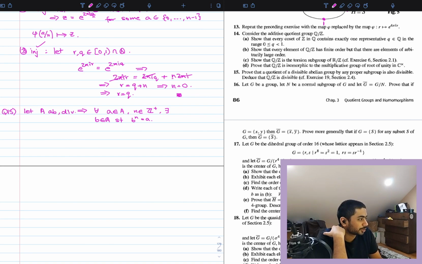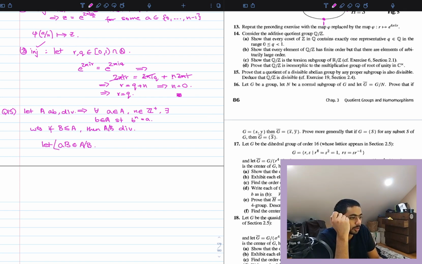Okay, now we want to show that if B is a subgroup of A, then A mod B is also divisible. So let's suppose that aB is a coset in here. We want to find something whose nth power is this coset, right? Now, let n be some positive integer.